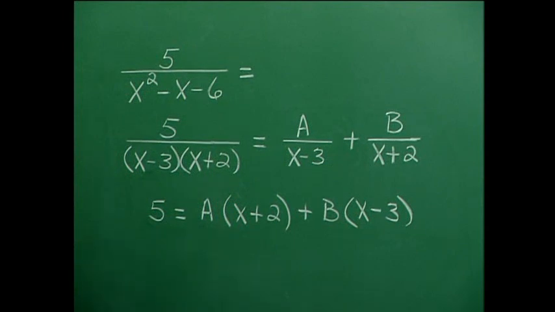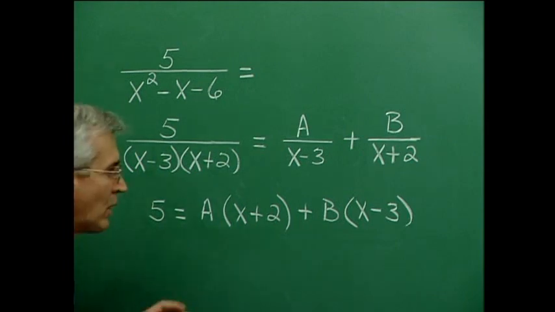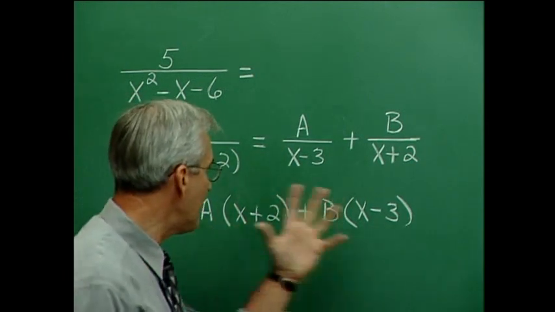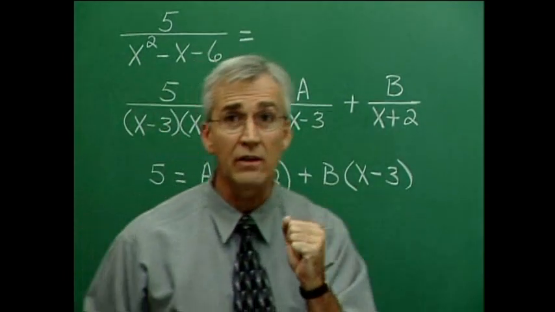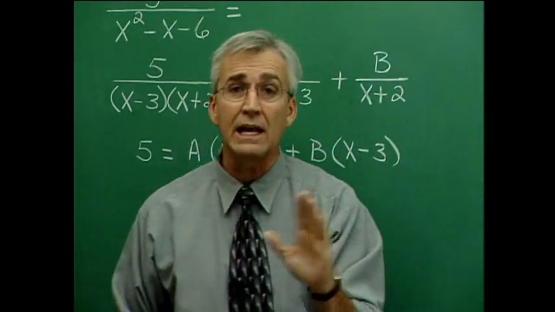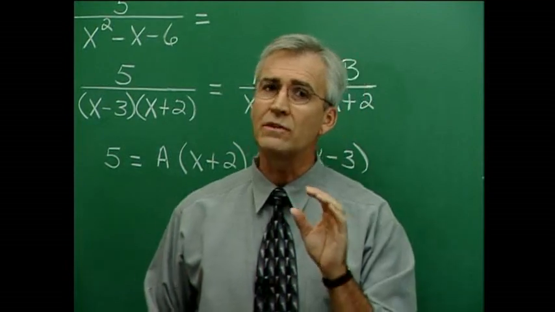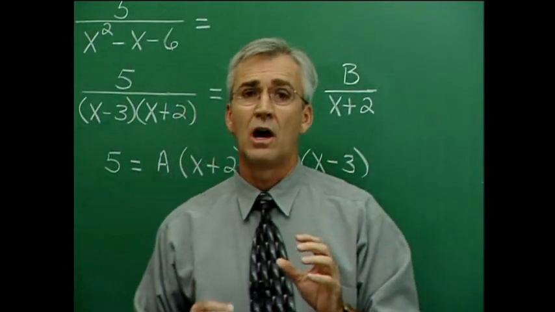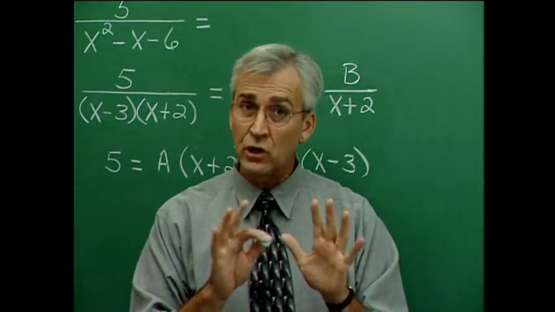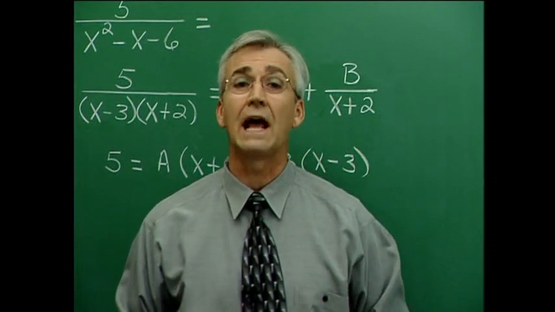Now, we still want to identify the values for A and B, and we do that by eliminating one of these terms or the other, by letting x take on some very particular values. What we've done here is set up a rather peculiar kind of equation called an identity.